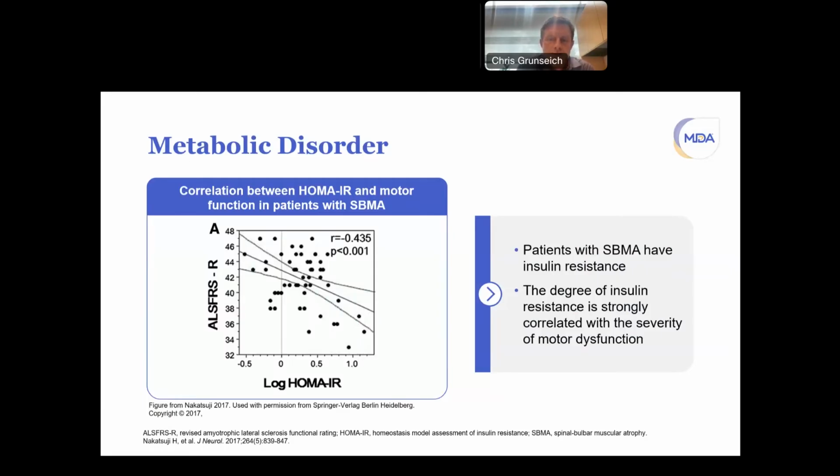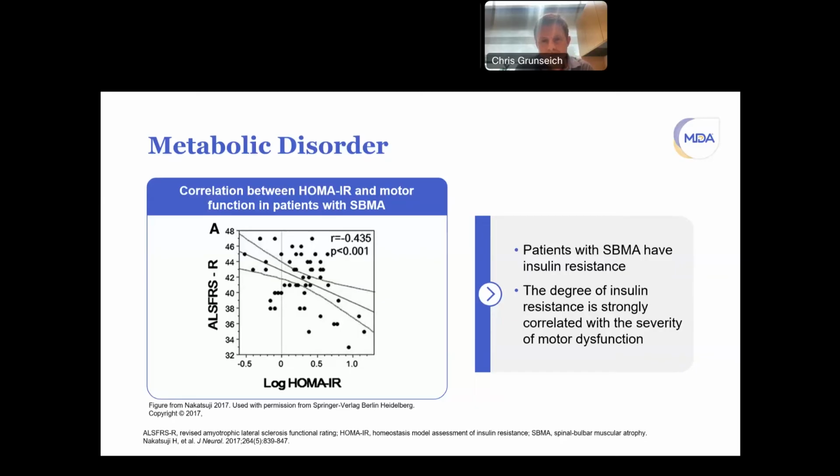And the higher that HOMA-IR measurement is, the more evidence of insulin resistance is present. And what has been shown in several studies is that there's a relationship between the amount of insulin resistance and muscle strength and muscle function, as shown here by the ALS functional rating scale.